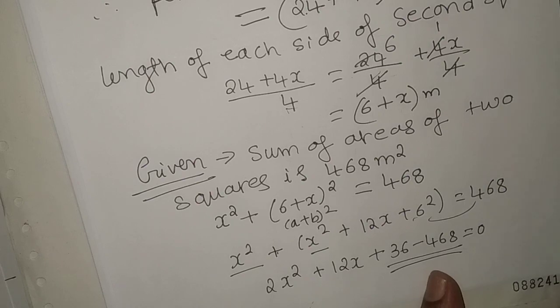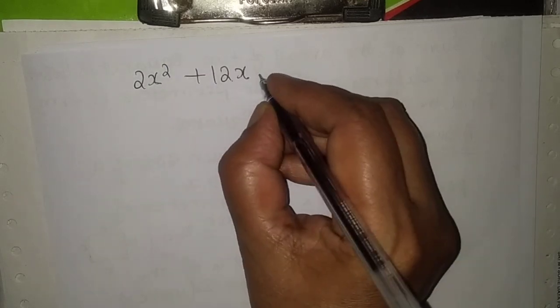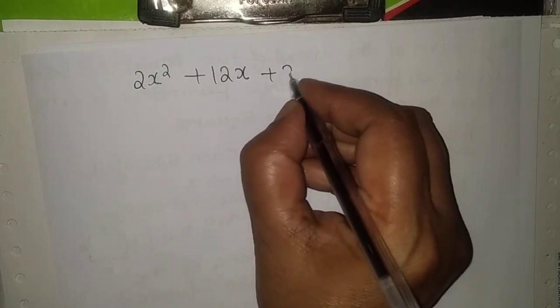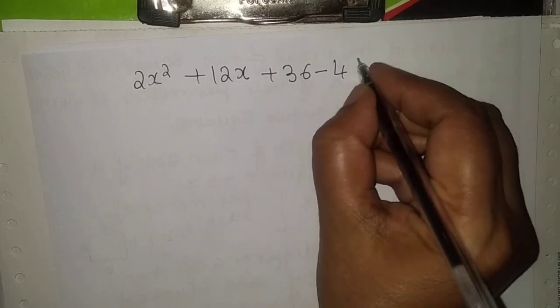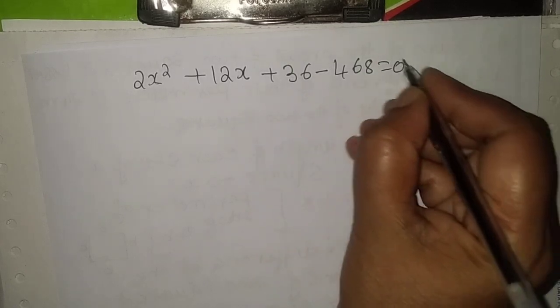So 2x square plus 12x plus 36 minus 468 is equal to 0.